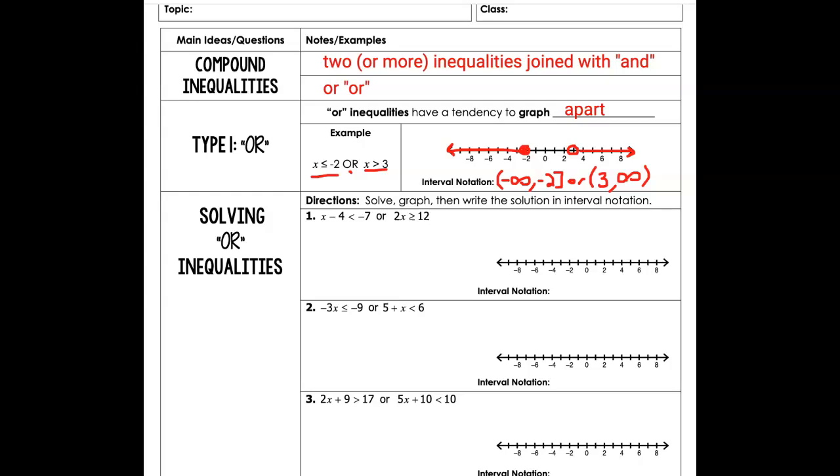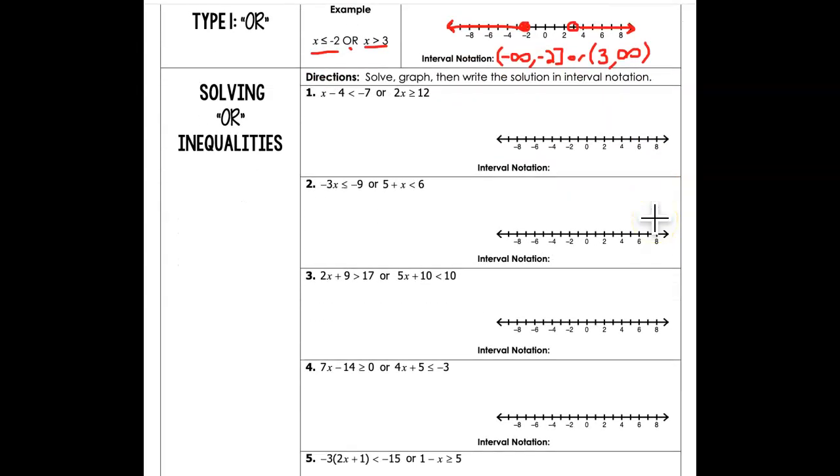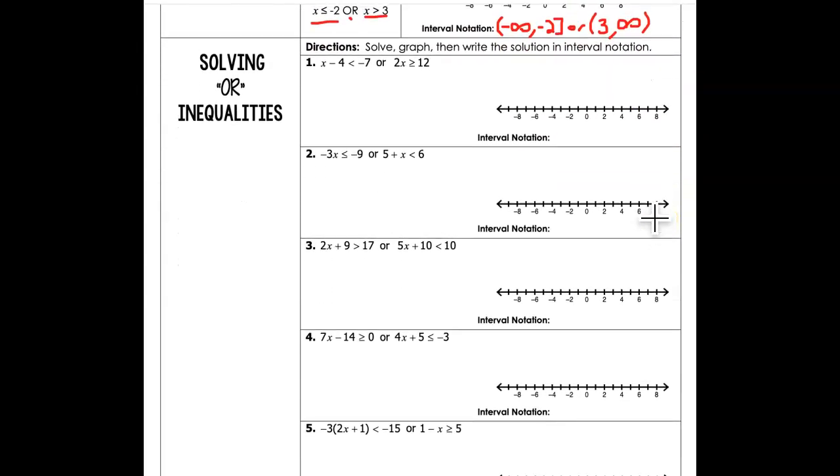Now when you solve these or inequalities, you solve them the exact same way that we would solve our regular multi-step inequalities, but the big difference is now we have to solve two at the same time. So for this first one here, I would start by adding 4 to both sides.